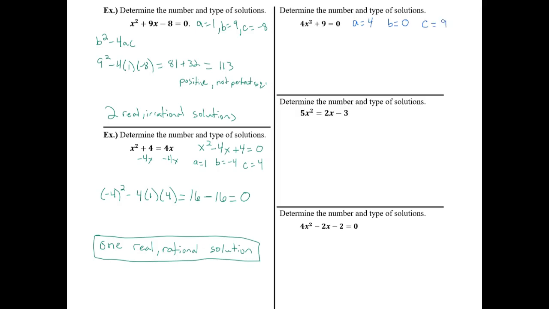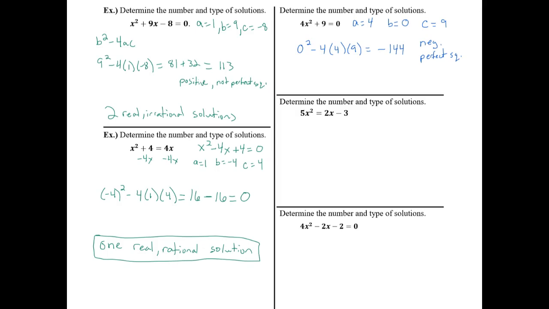We plug it into our discriminant, 0 squared minus 4ac, and 0 is just 0, so we'll end up with negative 4 times 9, which is negative 144.